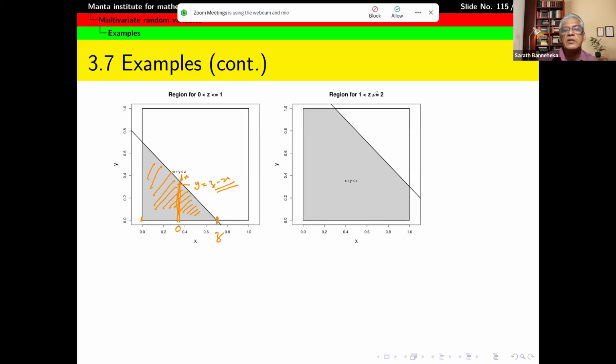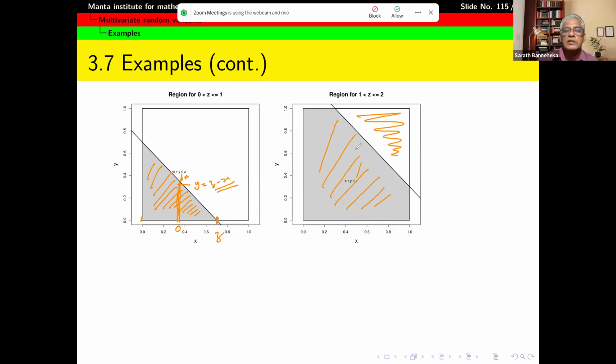When z is greater than 1 but less than or equal to 2, the probability that x plus y is less than or equal to z will be given by the volume spanned over this area. That is the same as 1 minus the volume spanned over this other area, which is easy to obtain.